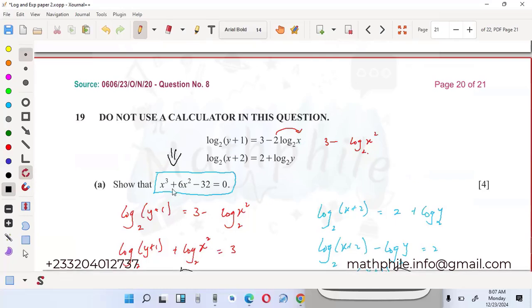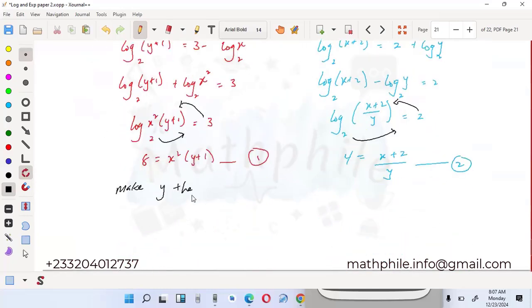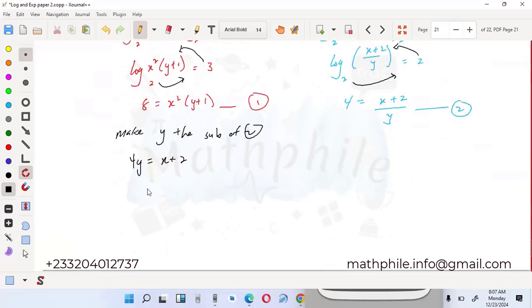We're told to find an equation in x, so I'm going to make y the subject of equation 2 so that I get rid of y. From equation 2, this gives 4y is equal to x plus 2. Agreed? Then y will be equal to x plus 2 over 4.